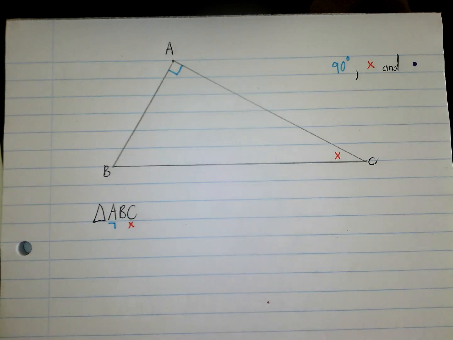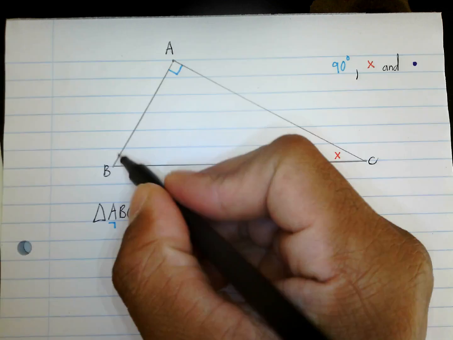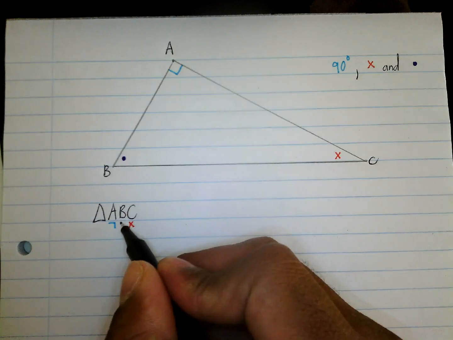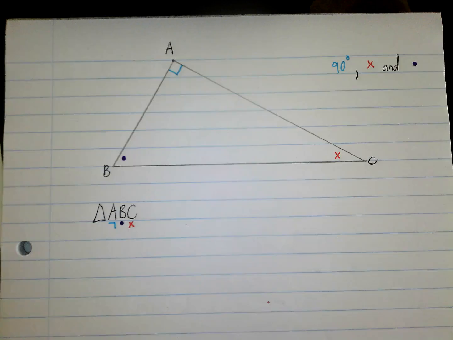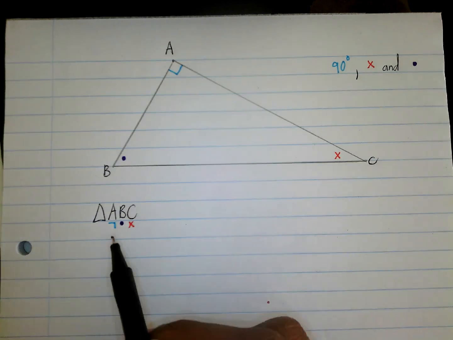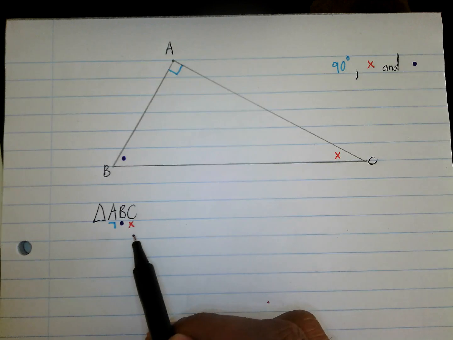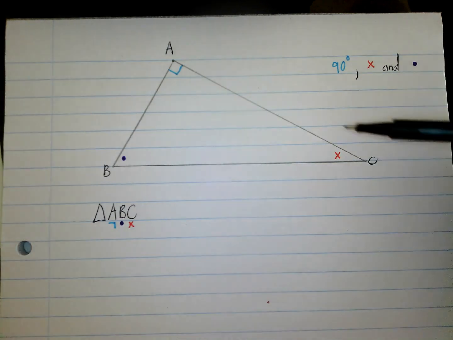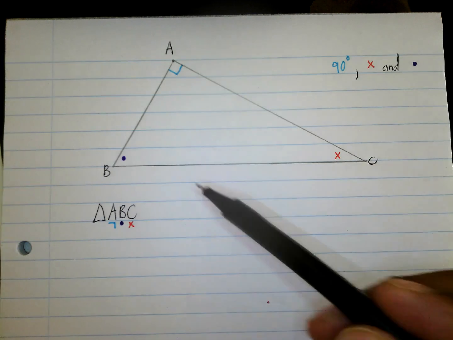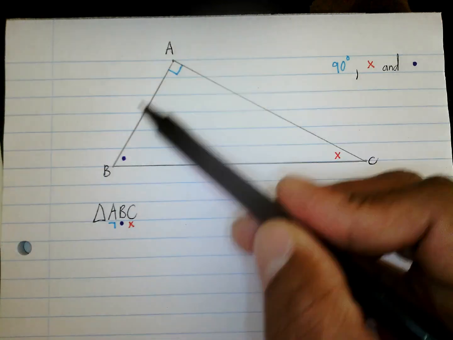Then for B, you're going to use a closed dot. So meaning that the order of your angles for each and every triangle is going to be your angle, closed dot, and X, right? If you can check, X is on the longest side, then your closed dot is going to be on the shortest side.